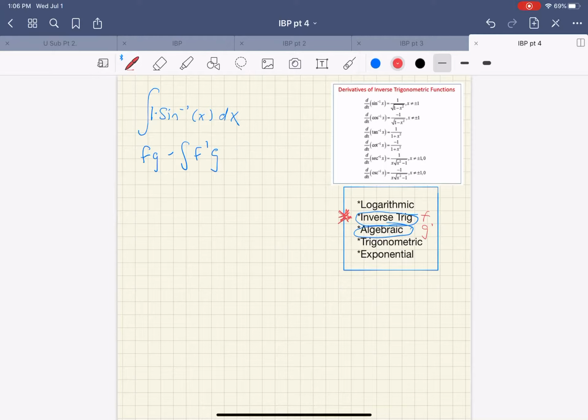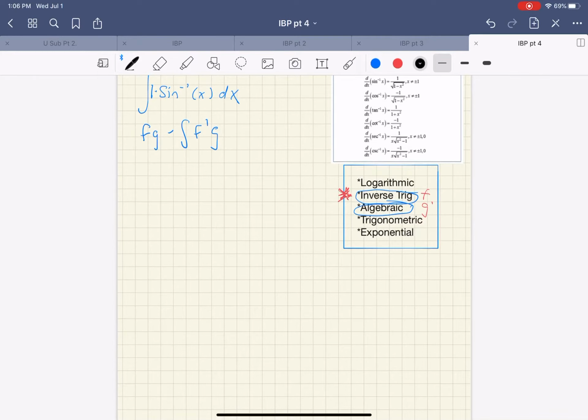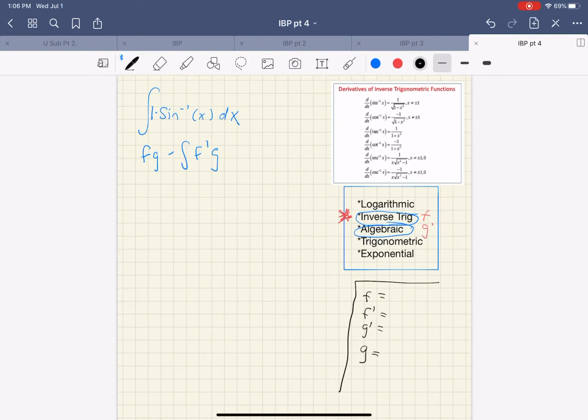So I'll just go ahead and put that in the formula and go down here and do our little table first like we've been doing. So we have f, f prime, g prime, g. So our f is going to be sine negative 1 of x. And then the derivative of that is right here.